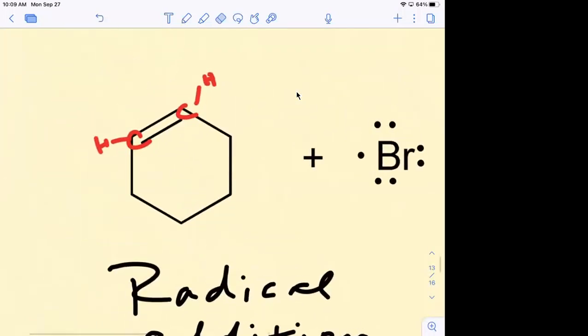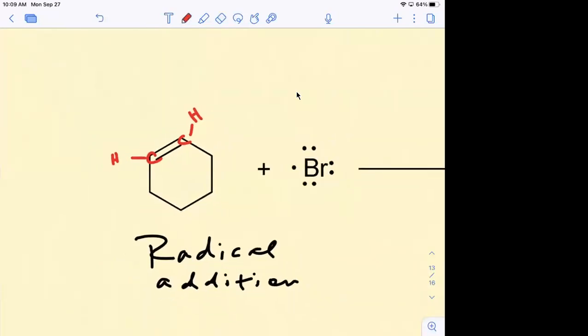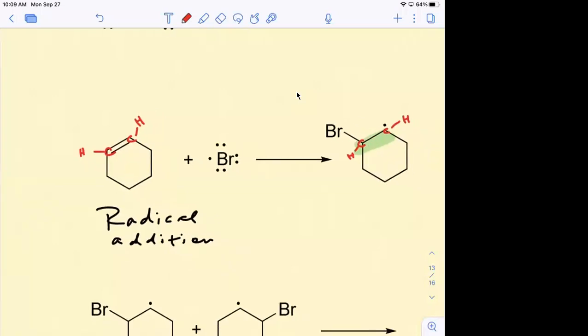It looks so sloppy, sorry. How would you show that happening? What happened? Is the pi bond still intact? No. What does it look like happening? It looks like I used the two electrons in the pi bond. I gave one of them to bromine, didn't I?